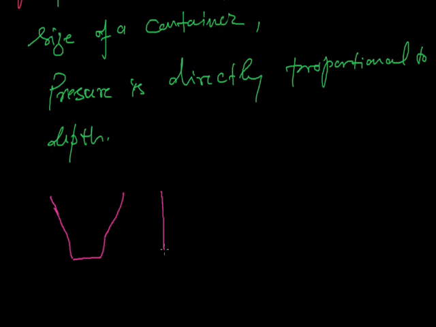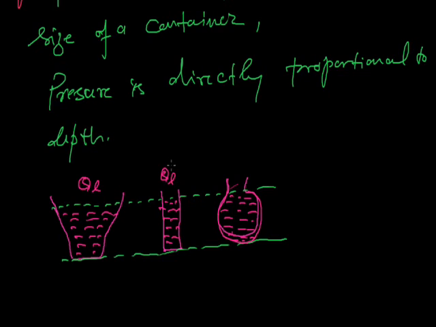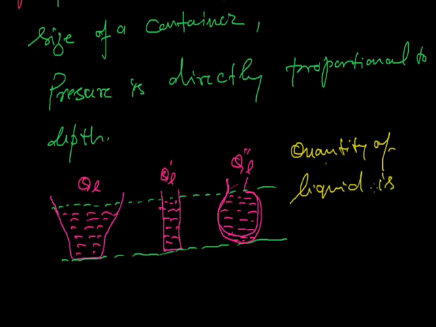this is another container with the same level. Liquid is filled to the same height, but the quantity of liquid is different. The quantity of liquid QL is greater than QL double dash, which is greater than QL dash.